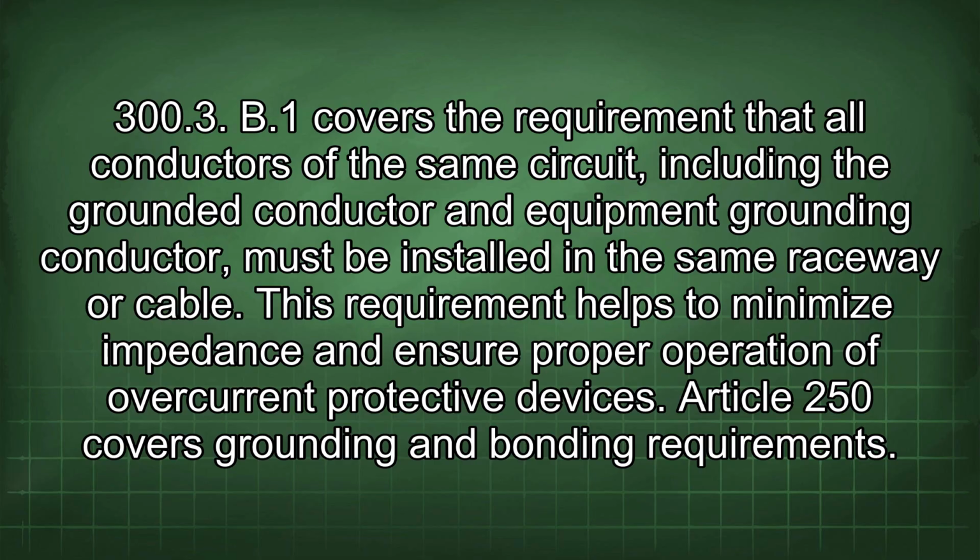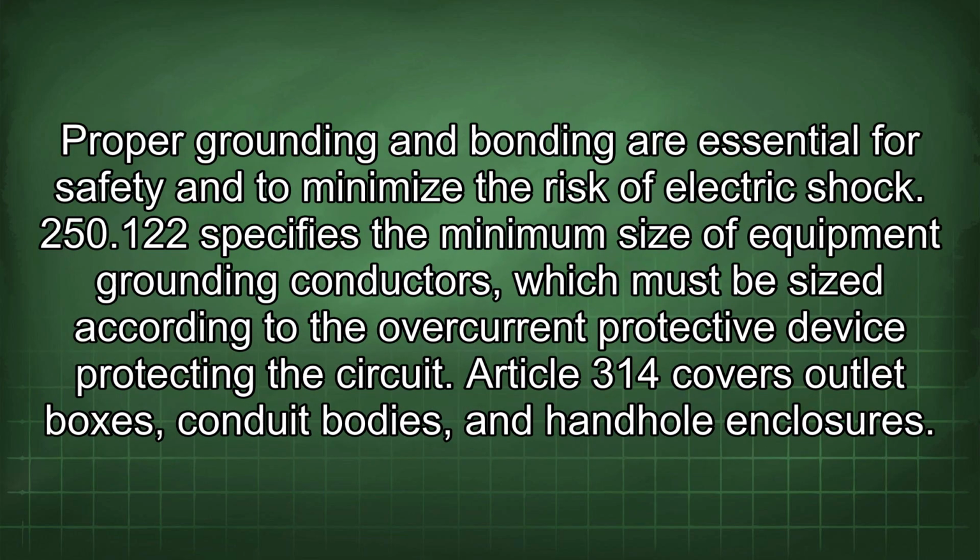Article 250 covers grounding and bonding requirements. Proper grounding and bonding are essential for safety and to minimize the risk of electric shock. 250.122 specifies the minimum size of equipment grounding conductors, which must be sized according to the overcurrent protective device protecting the circuit.